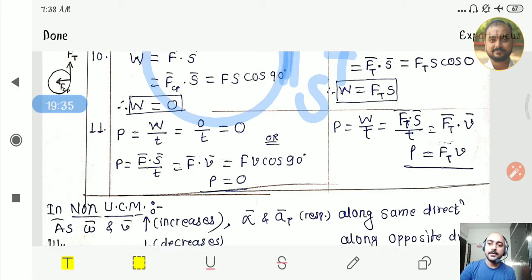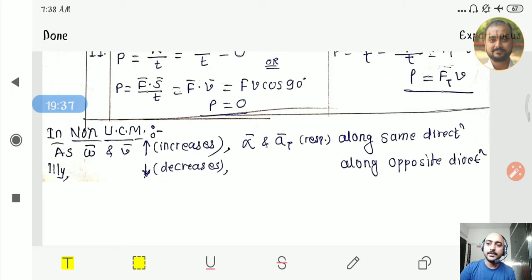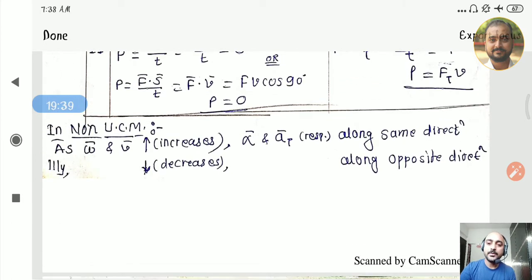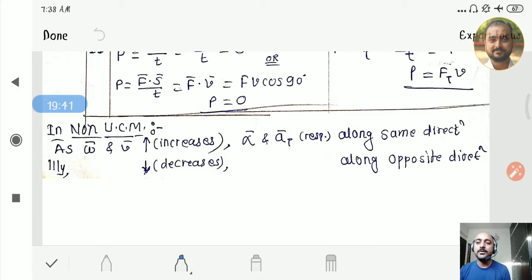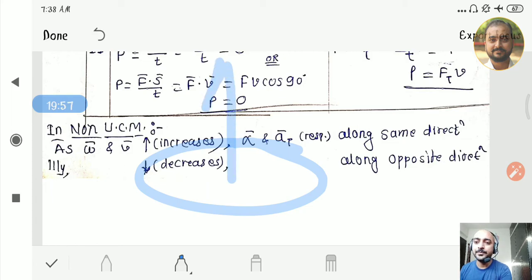Then again, let me start with the next noteworthy point here. In a non-uniform circular motion, always remember that as V increases, first I am talking about the angular velocity. Everyone knows that according to the right hand rule, the direction of omega is upward or downward, perpendicular to the plane of rotation.